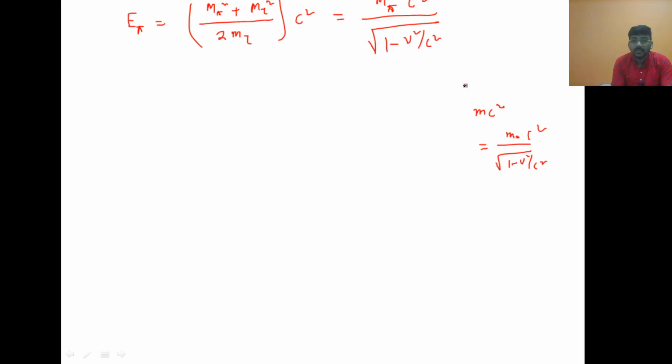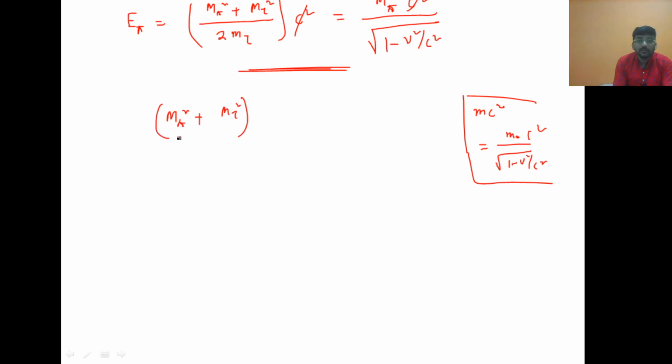Okay, so from this expression we can also find out the v. The c square will be cancelled out. If we square both sides, then we will get m pi square plus m tau square, whole square, divided by 2 into m tau into m pi, whole square, is equal to 1 by 1 minus v square by c square.